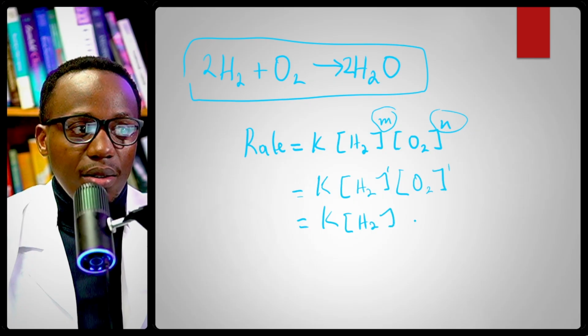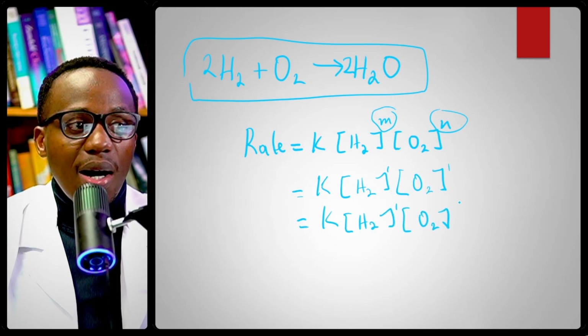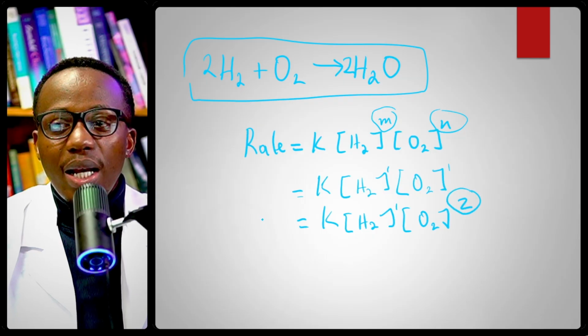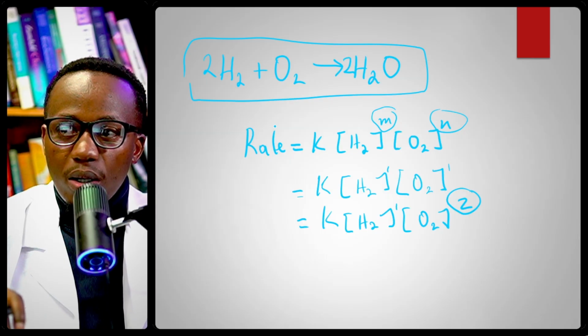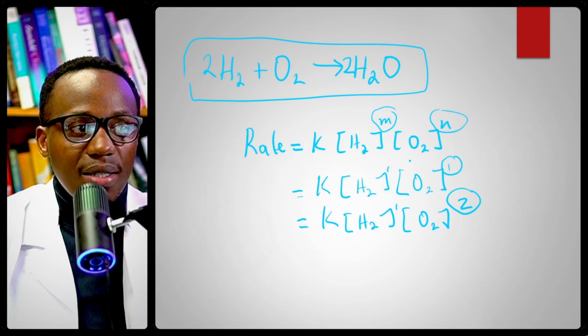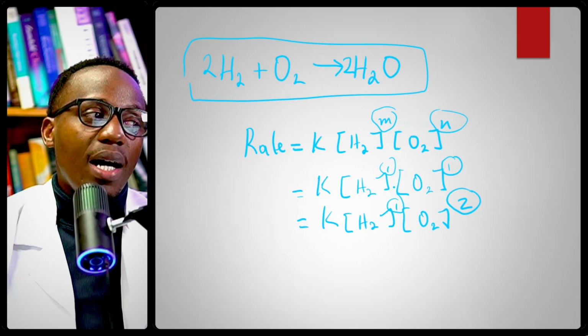You have one here, O2 here, then you have two here. If you have two here, what's going to happen to the rate? The rate will be multiplied. The rate will be way more. You see how the rate order affects the rate? It affects the rate over time.